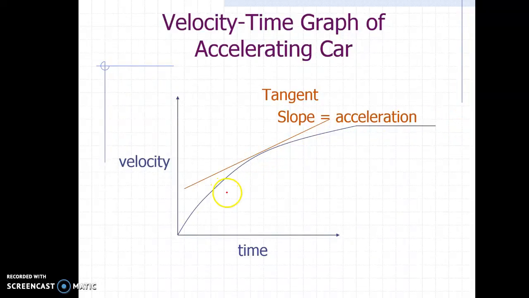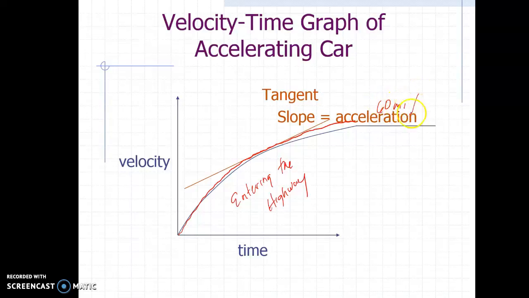So this would be like entering a highway. You get the green light, you hit the gas, you speed up, and then you start slowing down your acceleration because you're getting close to that 60 mile per hour mark. And now we're at 60 miles per hour. You've reached it, so you're good to go. So that's what this represents.